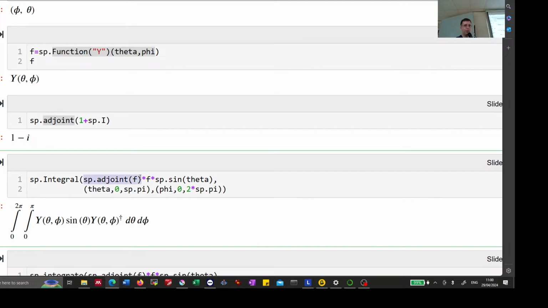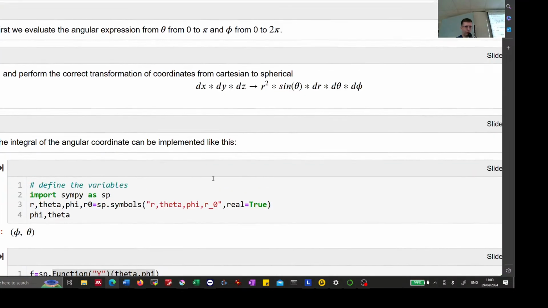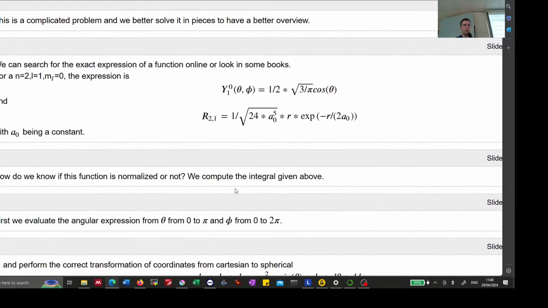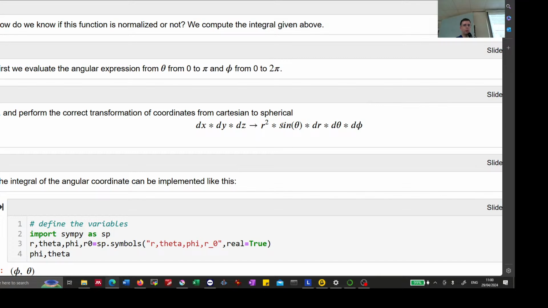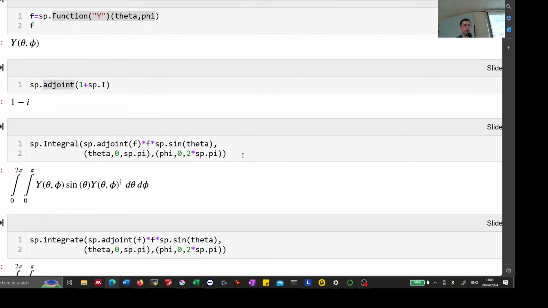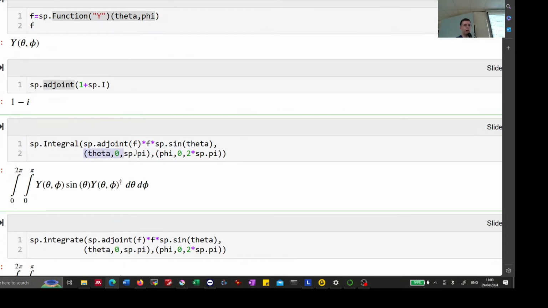SymPy adjoint of my function times my function times SymPy sine theta. Remember, sine theta comes from the change of volume element to spherical coordinates. Yes? Don't forget your terms. And then I integrate over two values, theta from 0 to pi and phi from 0 to 2 pi. And that is just my SymPy integral.